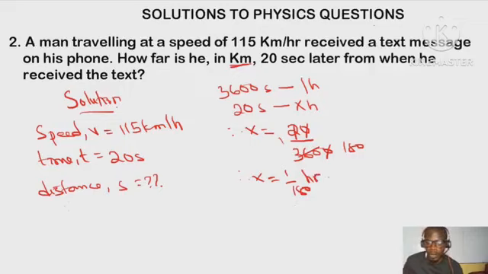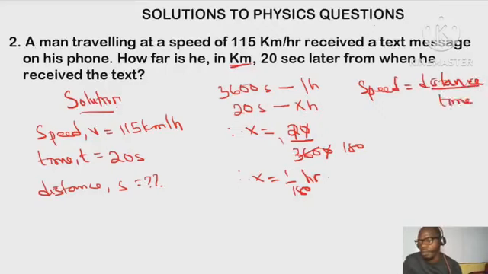So from here we can now calculate the distance, because we know that speed is equal to distance over time. And from here we can see that distance is going to be speed multiplied by time.